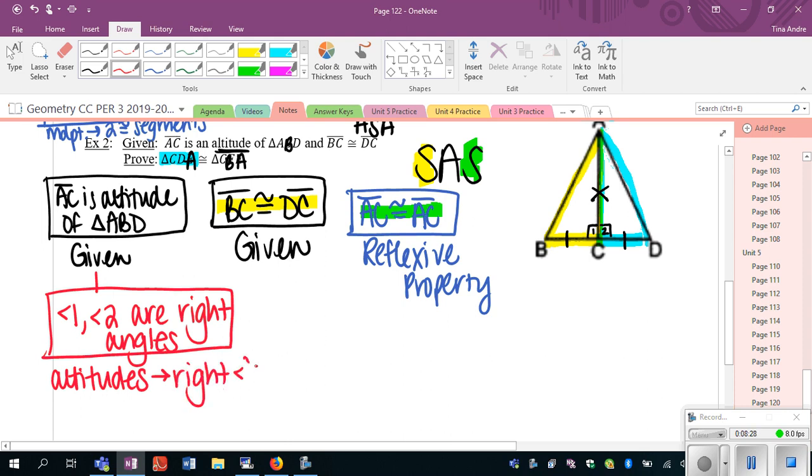This is probably the shortest way, but I could say altitudes are perpendicular to the opposite side and perpendicular lines make right angles. So I could add an in-between step that says AC is perpendicular to BD, and then say something about the altitudes being perpendicular. But I feel like it's fine to go right from altitude to saying I have right angles, because anytime you have an altitude, you're going to have a right angle.